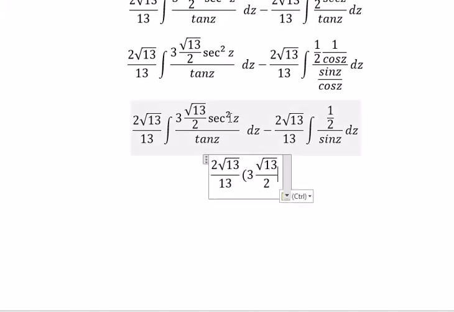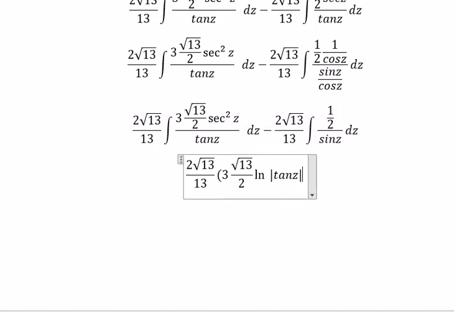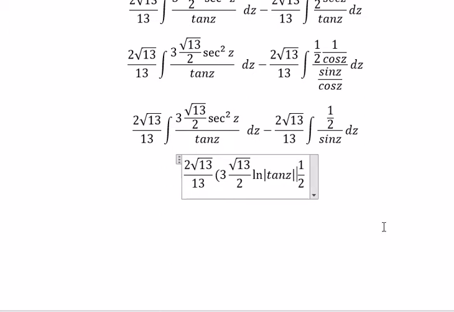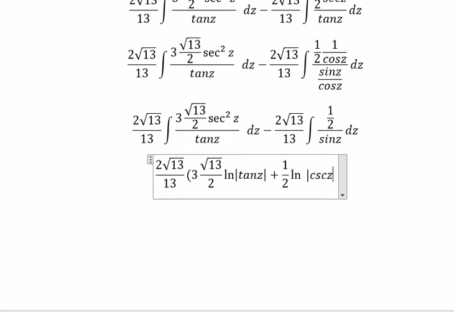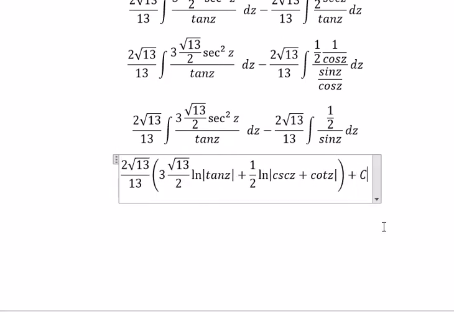The integral of this one, you get ln of the absolute value of tan z. The integral of this one in here, you get positive ln of the absolute value of cosecant of z plus cotangent z plus c.